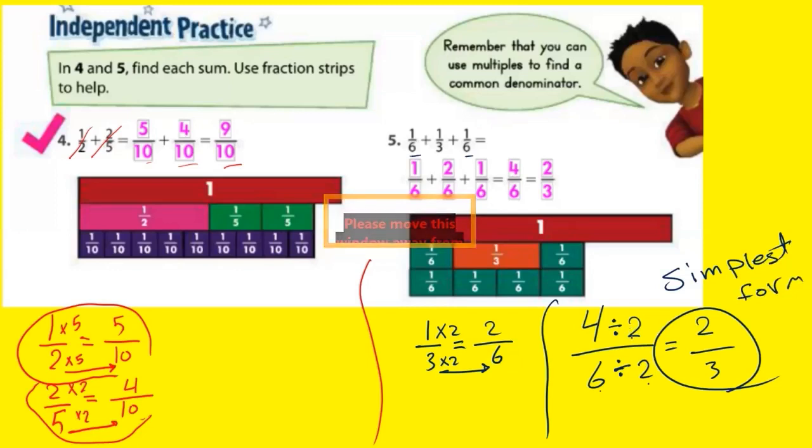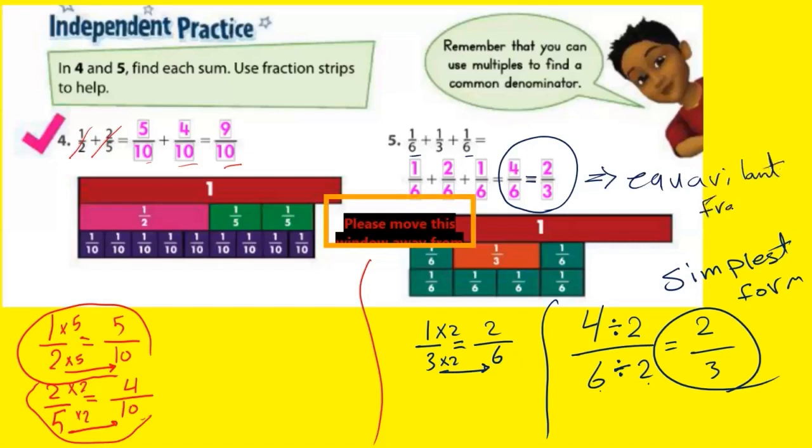I used a common factor to simplify the fraction 4 over 6 to be 2 over 3. So 4 over 6 equals 2 over 3. They are equivalent fractions. Okay, everybody.